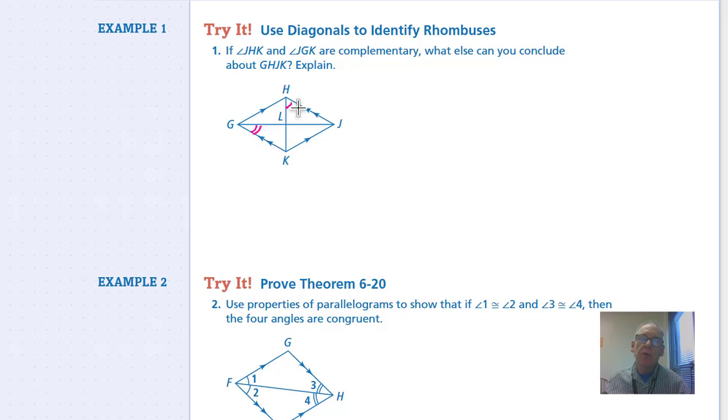If these are complementary to each other, let's assume that this is a right angle here. Opposite sides are parallel. They're not really telling us opposite sides are congruent.